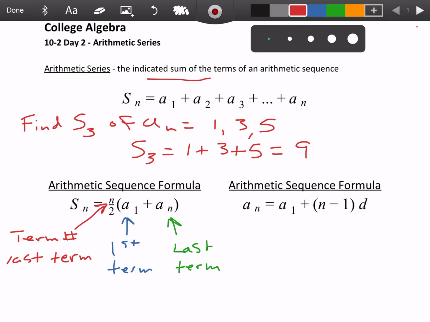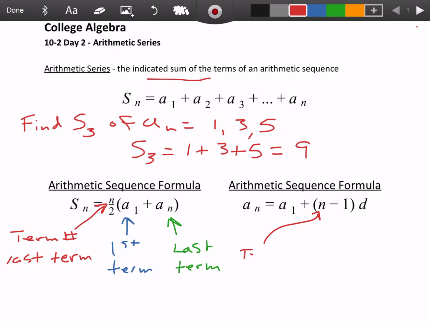So just to review our arithmetic sequence formula, because we are going to be using this, I'll stay with the same numbers as we had for the sum. That would be the term number of the last term. Sorry, this was kind of a copy. It should be series.